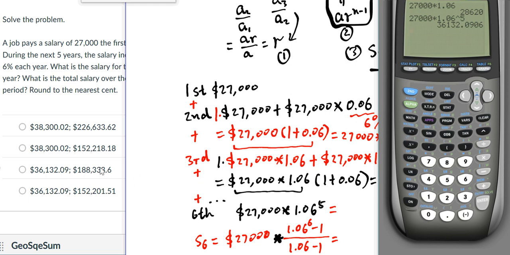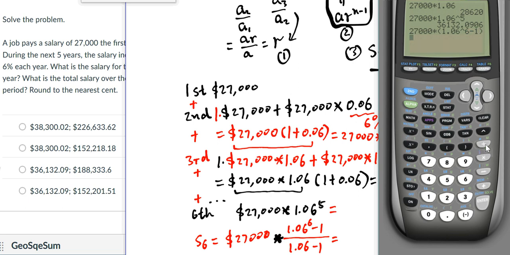But how about the total salary? For the total salary, we do 27,000 times, do not forget parentheses, 1.06 to the sixth power. Do not use 5. Subtract 1.